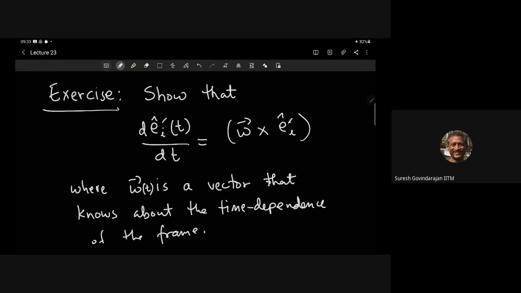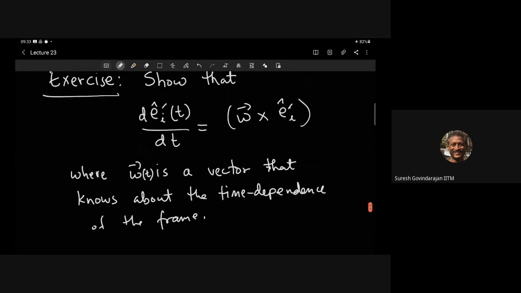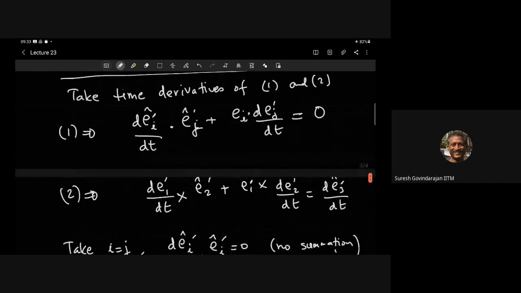So this is an exercise. I want you to prove it. Is this clear, what I have done? It just defines omega for you. I claim this is the most general solution to these 2 equations.